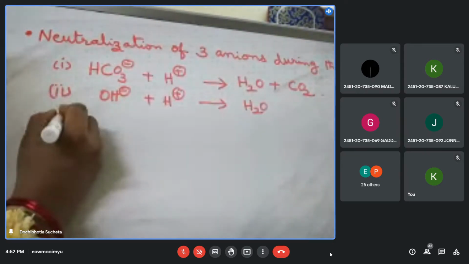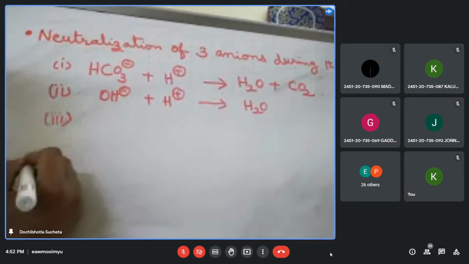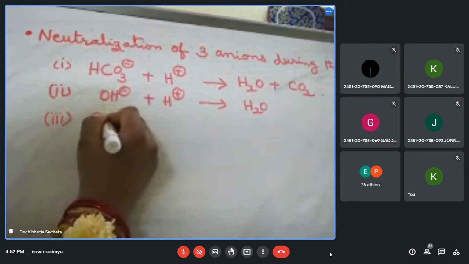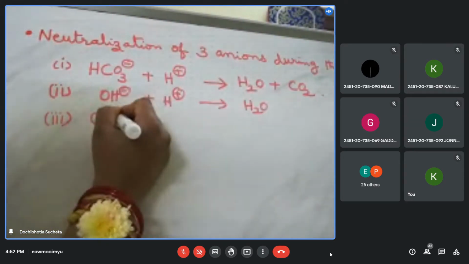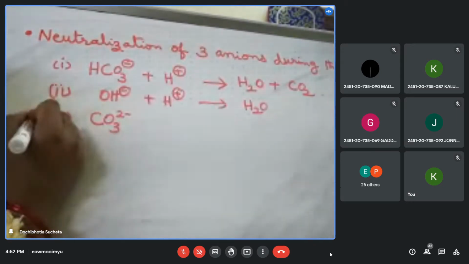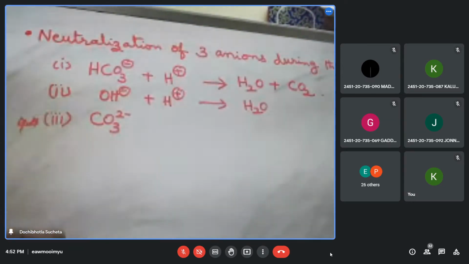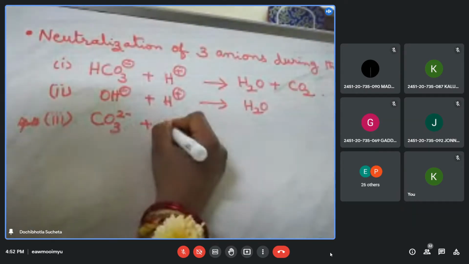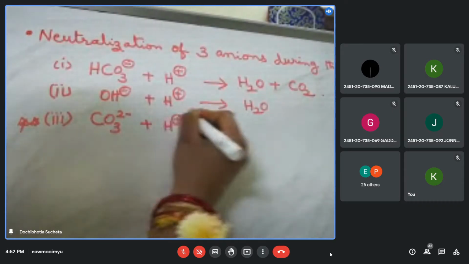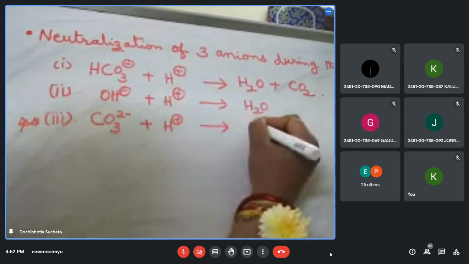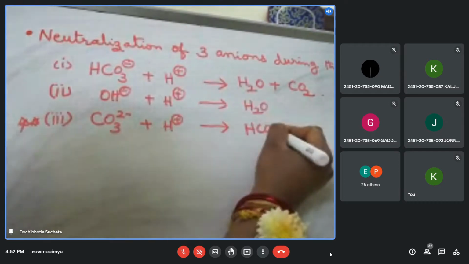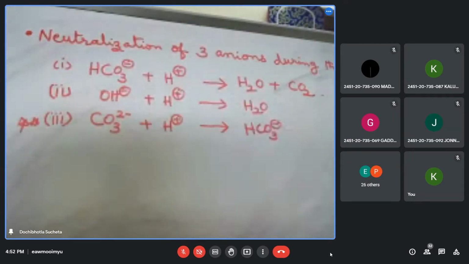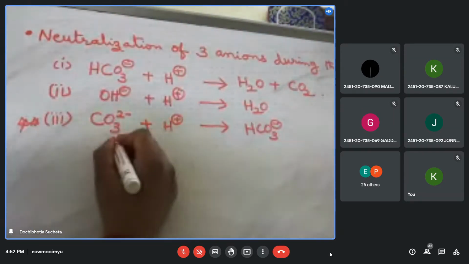The third ion that undergoes neutralization is carbonate, CO3 2 minus. And it is important to understand that carbonate neutralization takes place in 2 steps. In step 1, it reacts with H plus ion to form HCO3 minus.